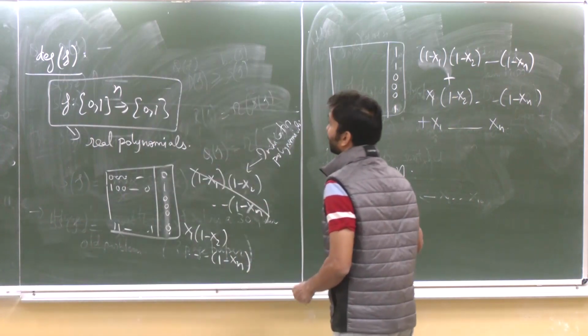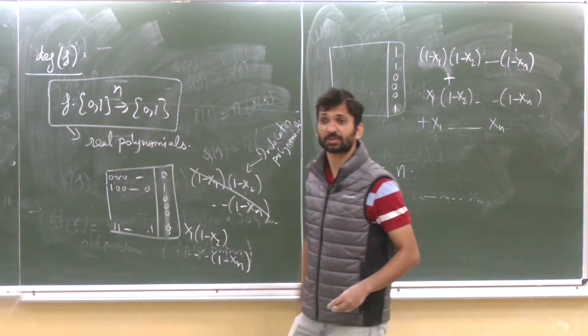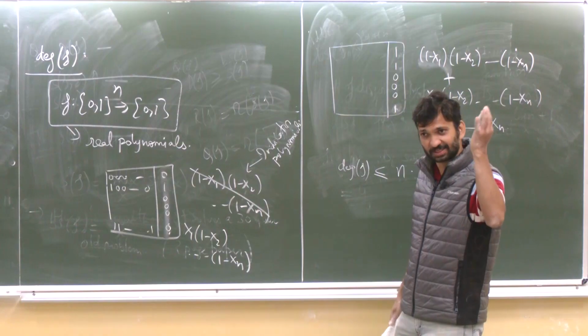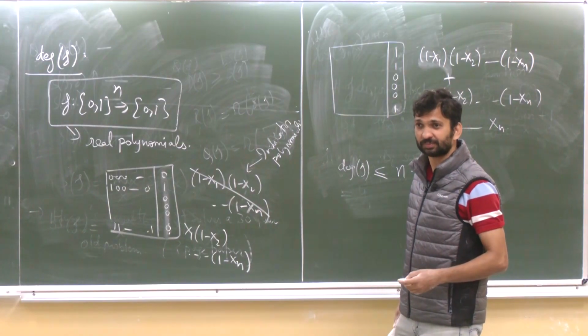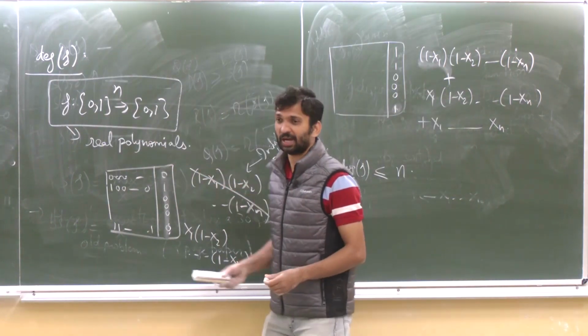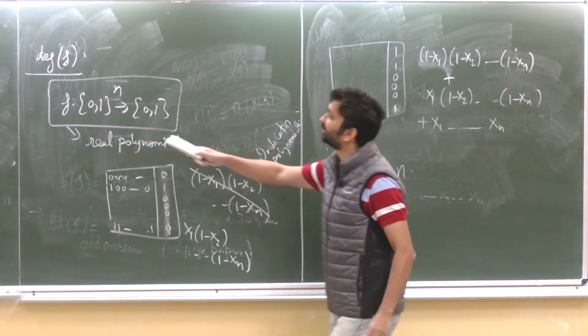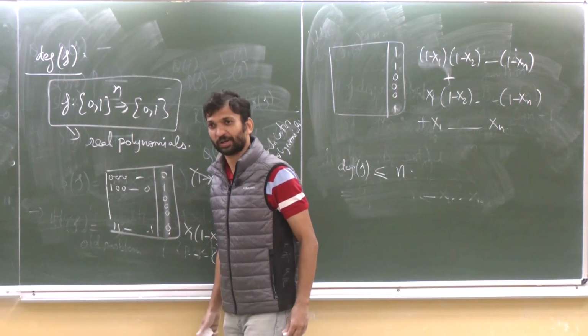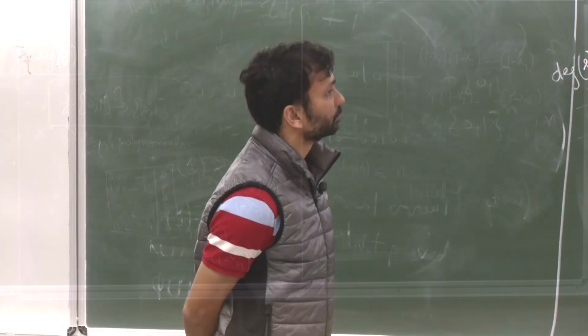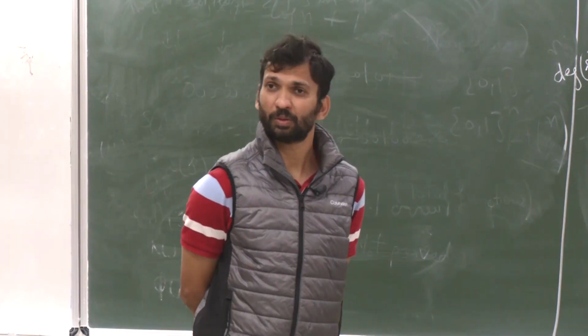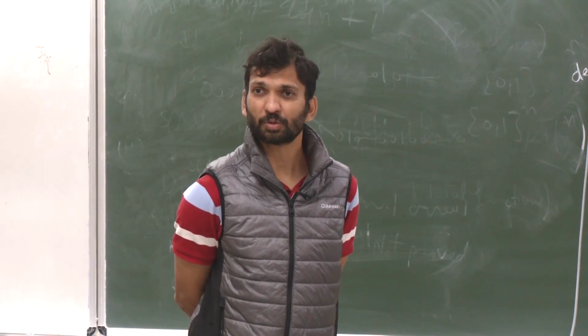These polynomials will represent the function on these inputs. I don't care outside this range. Like what happens when I put x1 equal to 2, I don't care. I only care at these 2 to the power n points. Sounds good?